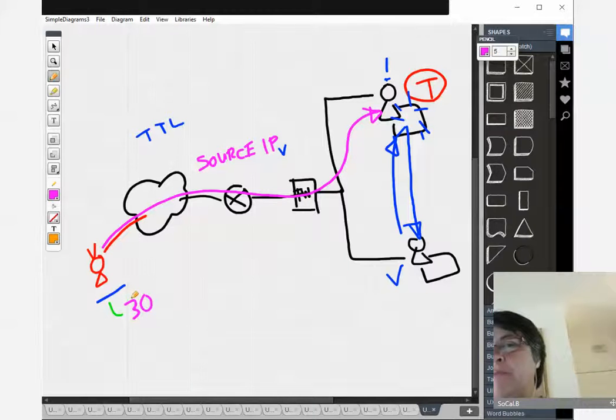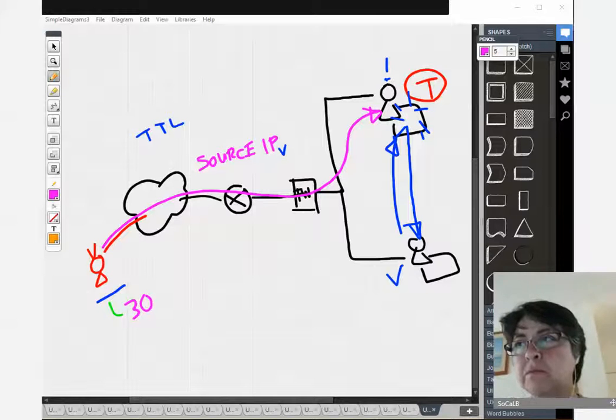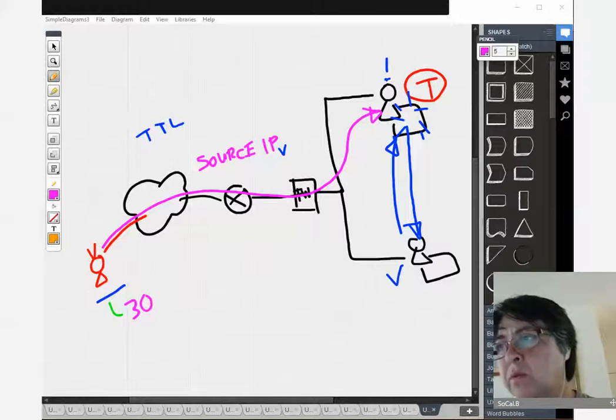But in fact, let me actually check that. Default TTL. I'm just seeing if there's actually a default TTL on anything.